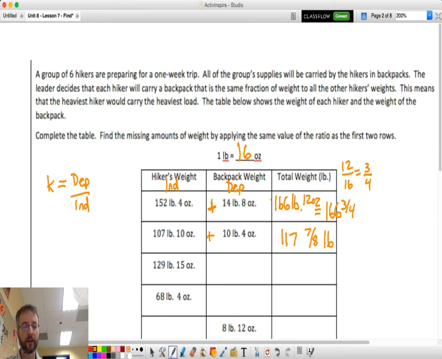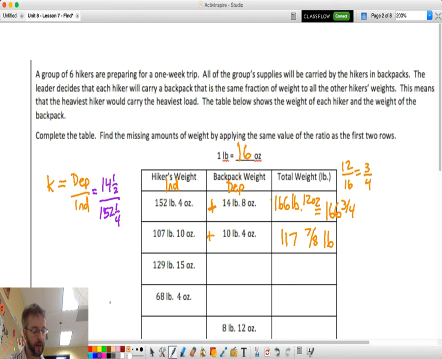If we figure this out, I'm going to have 14.5 over 152 1/4. You can go ahead and use your calculator.